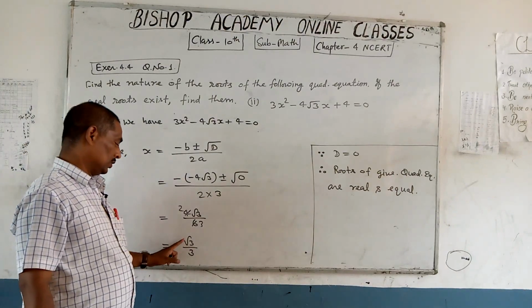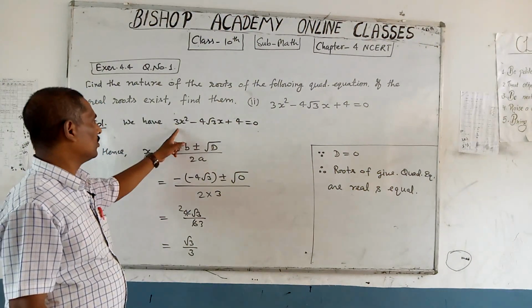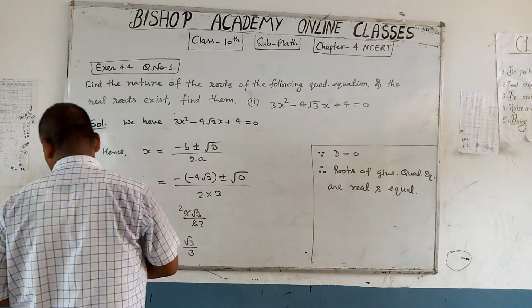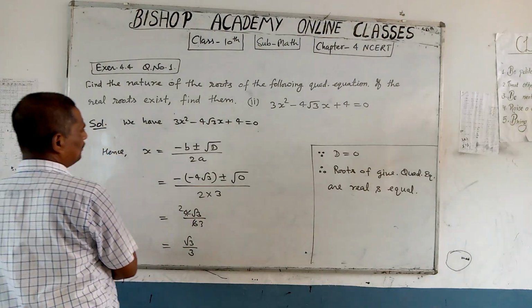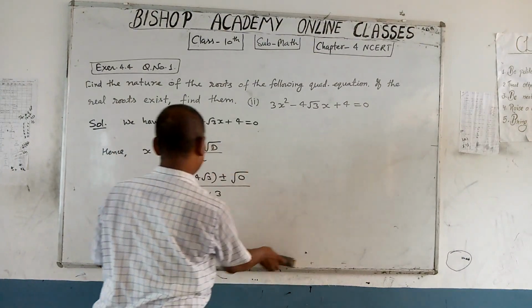Dear students, root 3 upon 3 is the root of the given quadratic equation. You can write here the concluding point.